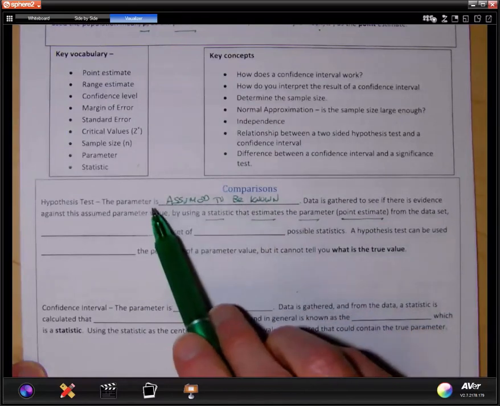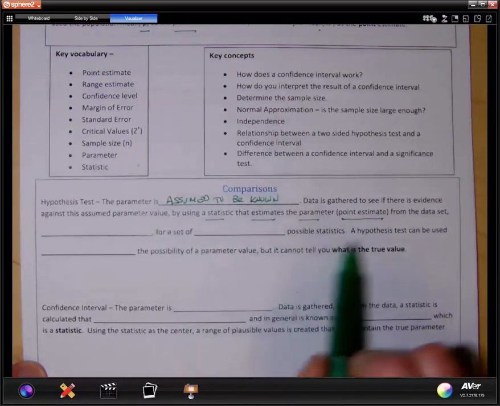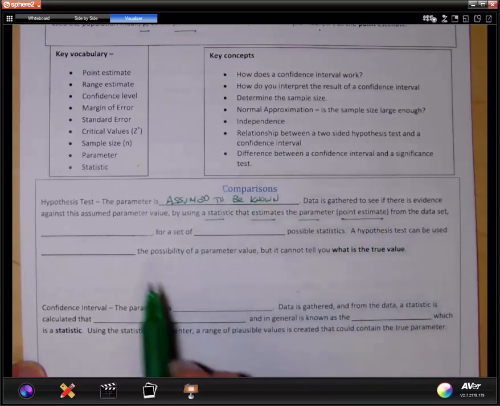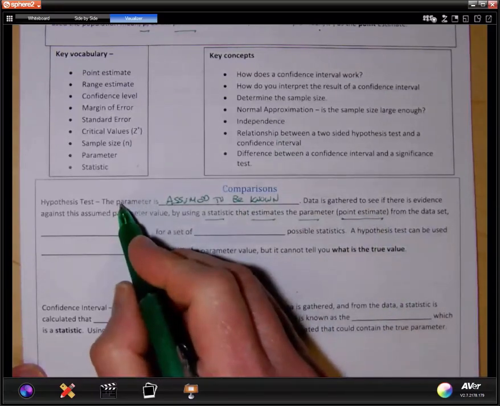When it comes to hypothesis tests, I'm kind of trying to use the same language as for confidence intervals, but it's not the same. The way we think of it now is evidence against the null, right? Because how do we view this?